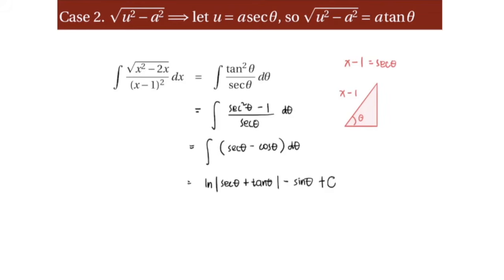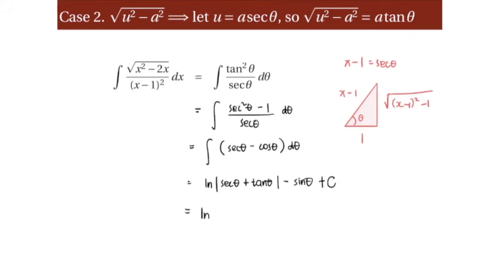Our adjacent here, you can think of it as 1, so over 1. And so the opposite side, using the Pythagorean theorem, is the square root of (x − 1)² minus 1.